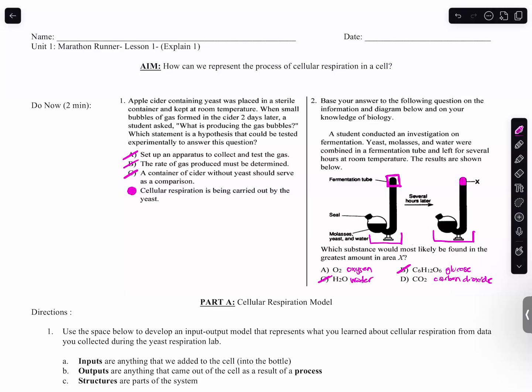We saw from our investigation yesterday that the yeast needed oxygen, because oxygen is used as a reactant in cellular respiration. So the only logical answer is carbon dioxide, because carbon dioxide is a waste product of respiration. We exhale it because our body doesn't need it. Same thing with the yeast. They get rid of it because their tiny little cells don't need it either. So it's a waste product of respiration.